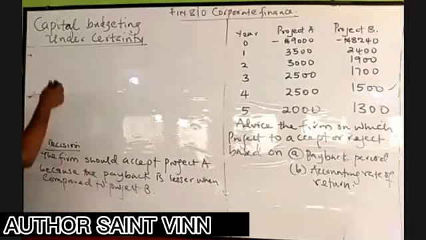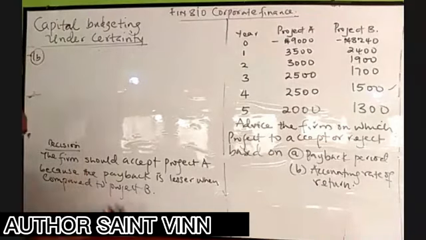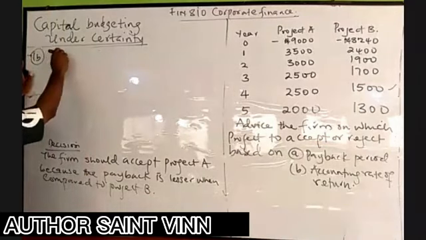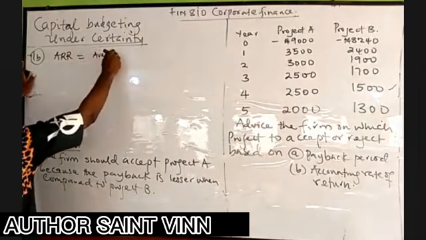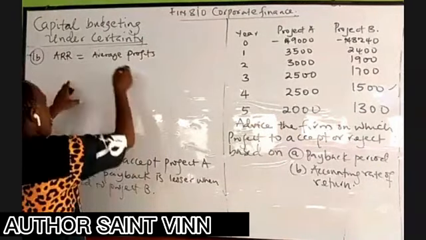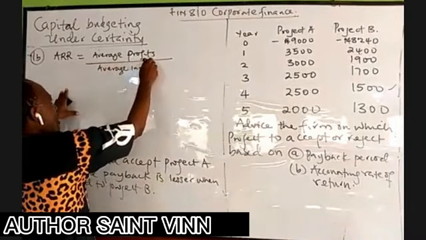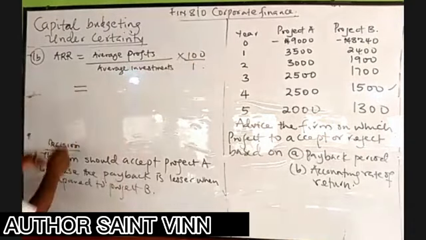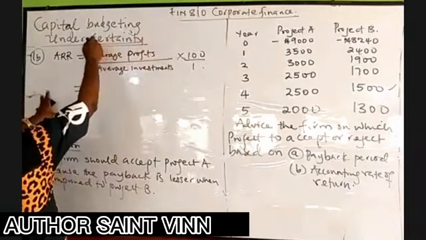Now we want to see 1B, so I will also advise them to accept A or B. This one is ARR, which is equal to average profits or cash flow, whichever one, all over average investment, times 100 over 1.